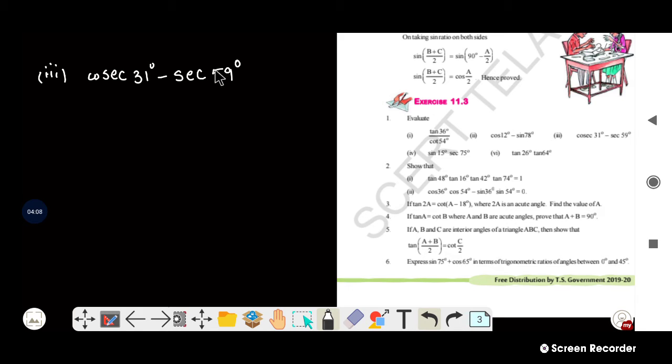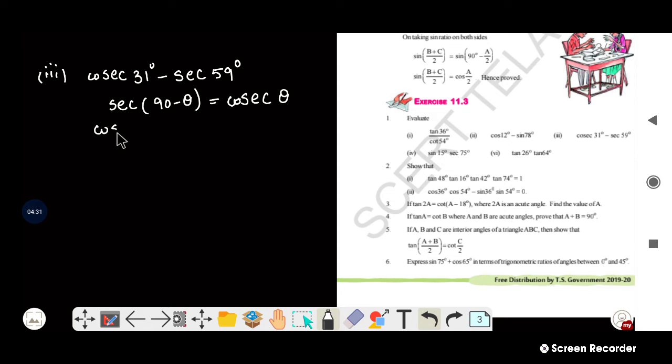Okay. So in that again we have one formula. Sec 90 minus theta. Sec 90 minus theta, what is that? Cosec theta. Okay. So then here I am going to write.